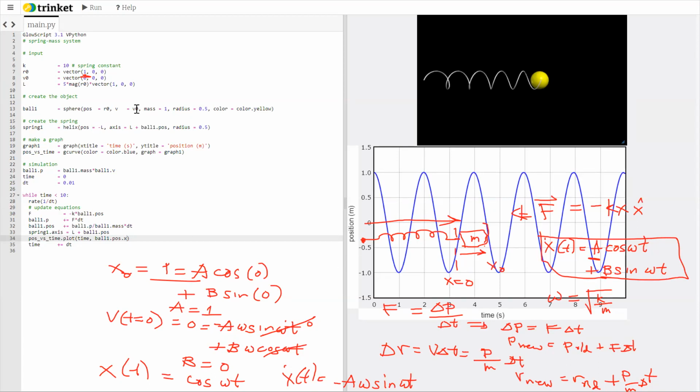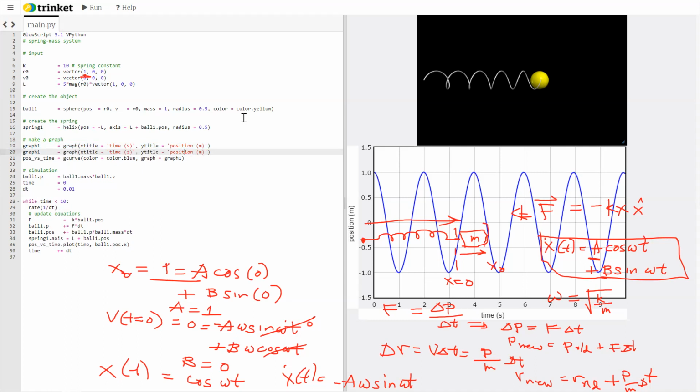So if we plot the velocity, you need to create another graph. Graph 2. Then the y title is velocity in meters per second.